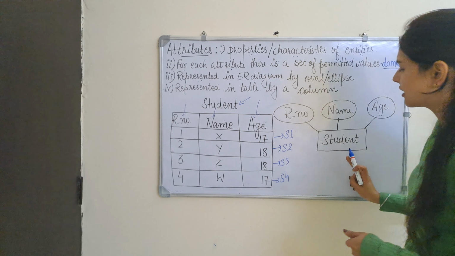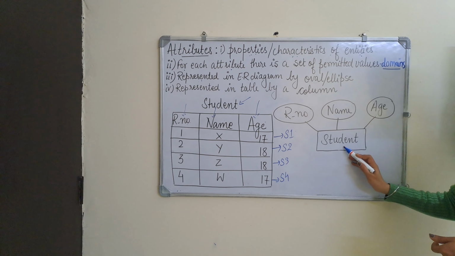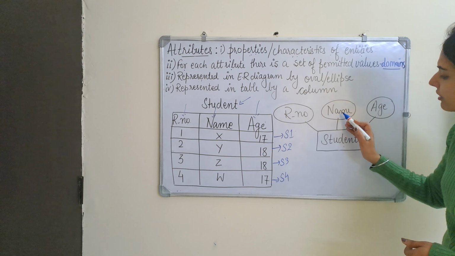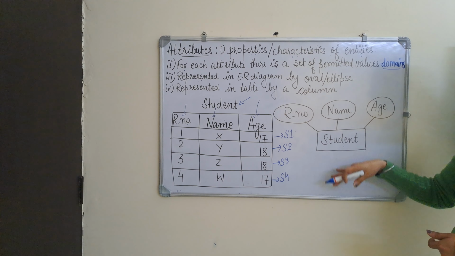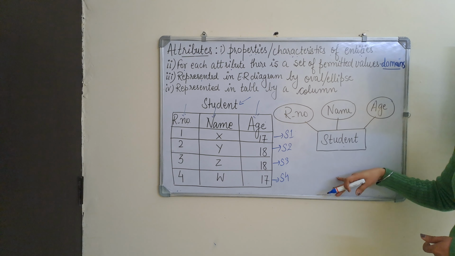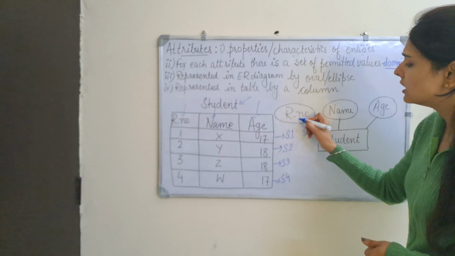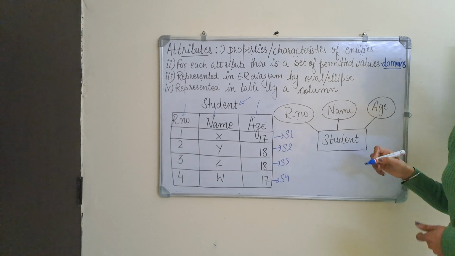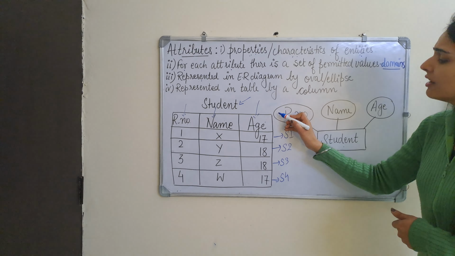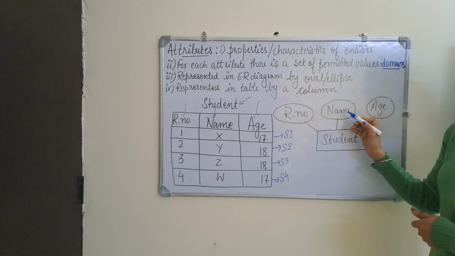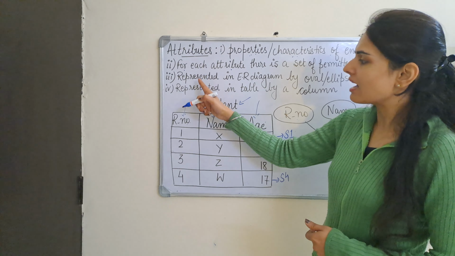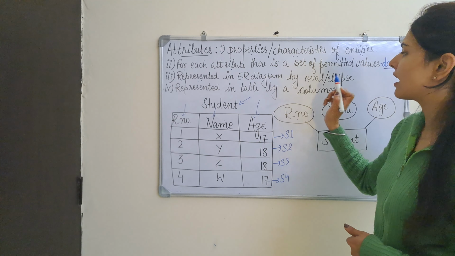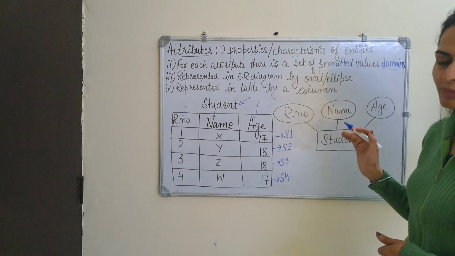In the ER diagram, this is the entity set, and it is linked with the properties that each entity within this entity set is going to share. These attributes in an ER diagram are represented using an oval or an ellipse.